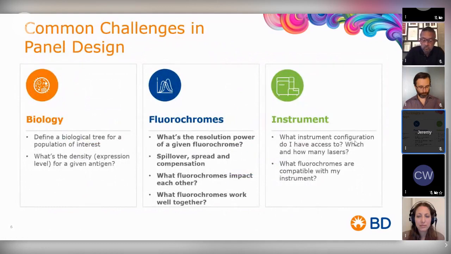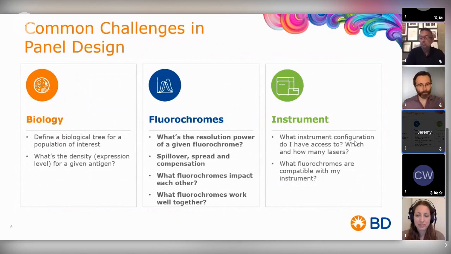We also emphasized that, again, spillover was just one of the main factors influencing panel design, but there are a number of other considerations to be taken into account, like the biology, the fluorochromes, and the instrument. We received over 200 questions, a very engaged conversation that really touched upon all the other aspects of panel design.